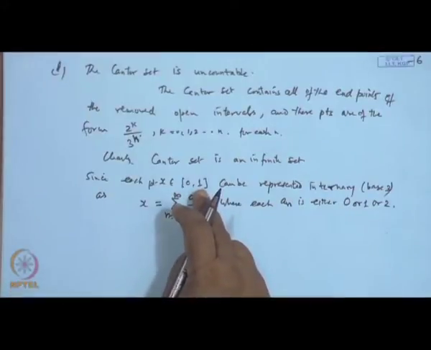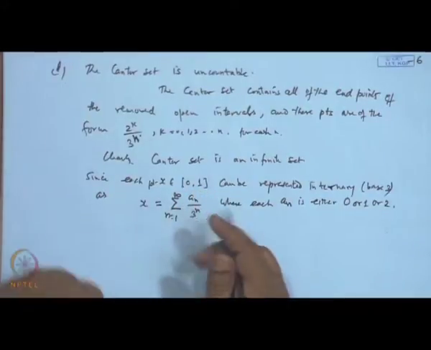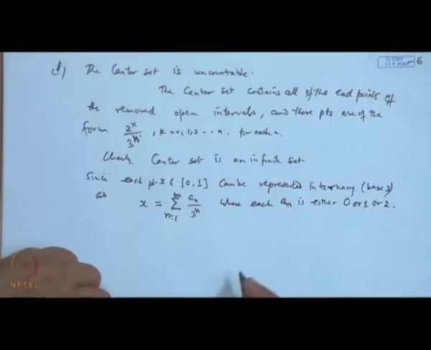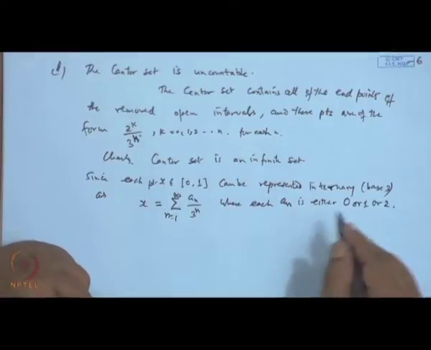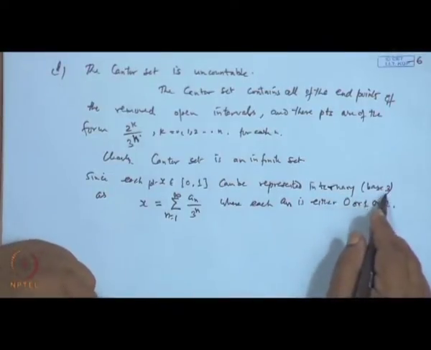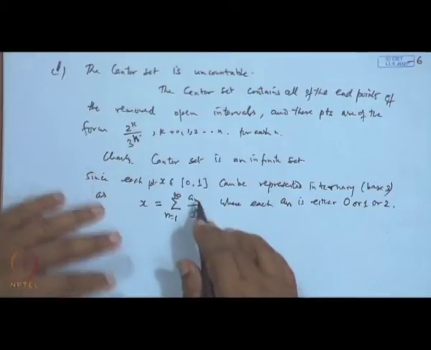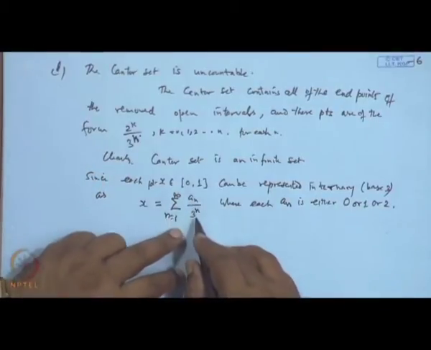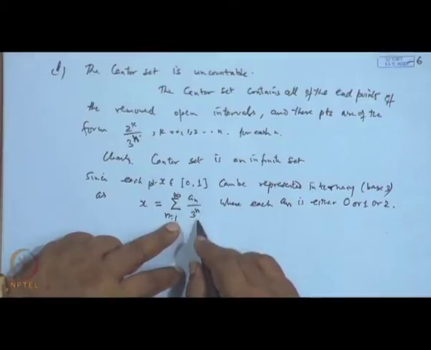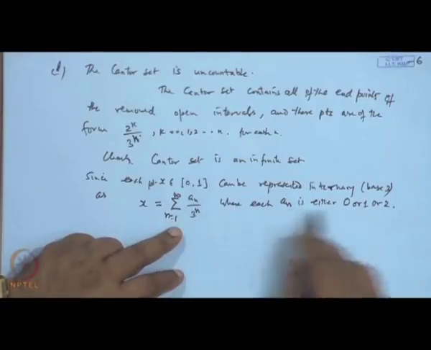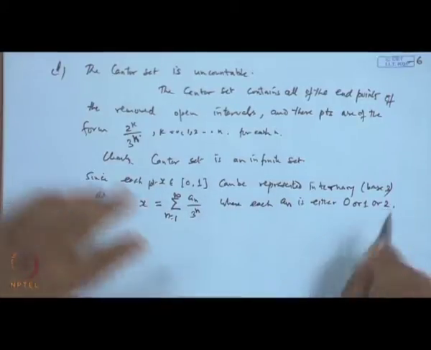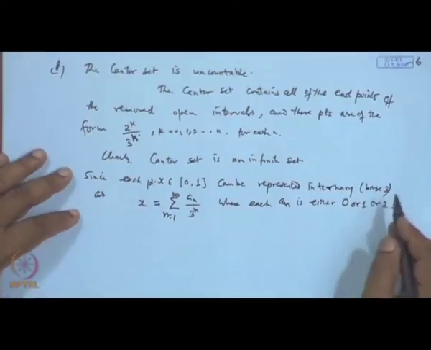Any real number in the closed interval 0 1, we can express in the ternary expansion with base 3. So, we can write this as a_1 by 3, a_2 by 3 squared, and so on, where a_1, a_2, a_n may be 0, 1 or 2.